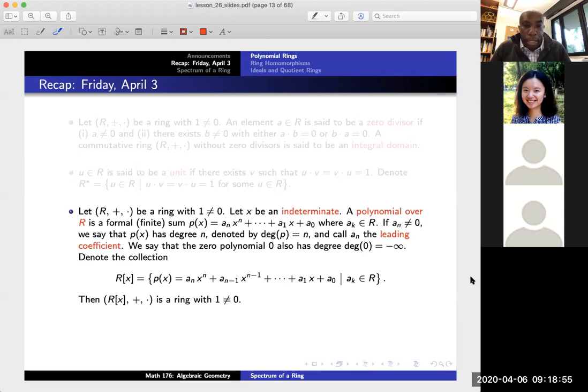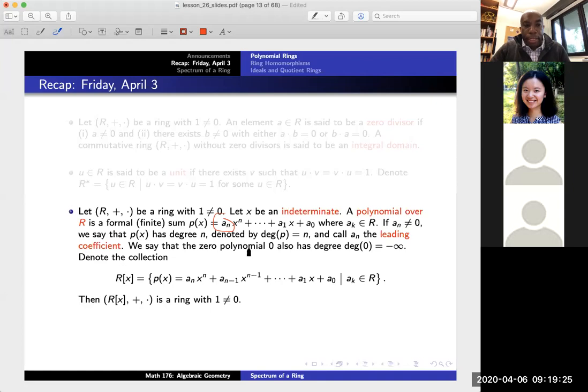And then finally, I want to introduce the idea of a polynomial ring. So a polynomial is just formally a sum. We just have sums of powers of a variable where the coefficients now have to lie inside of our ring R. And if the leading coefficient, this a sub n, does not equal 0, then we'll say that our polynomial has degree n, where n, of course, is the largest power of x that appears.